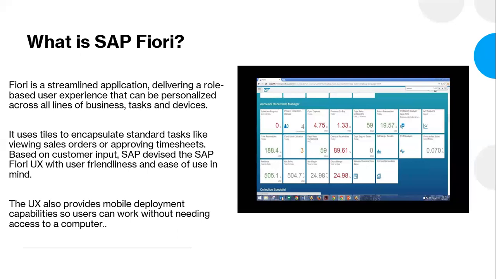It uses tiles to encapsulate standard tasks like viewing sales orders and approving timesheets. So it makes navigation, it makes the experience a whole lot easier and simpler. Simplicity and access to data is the core of what the Fiori app represents.